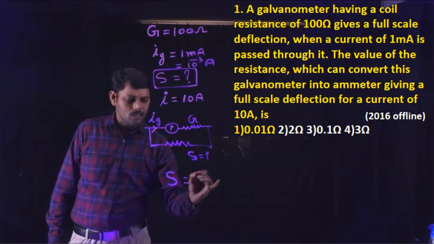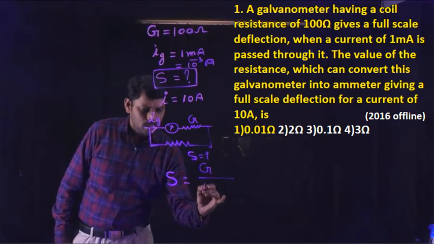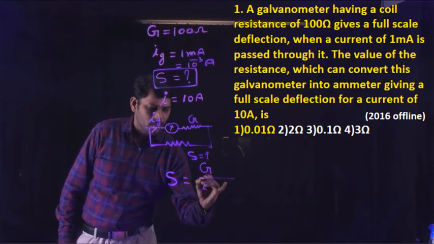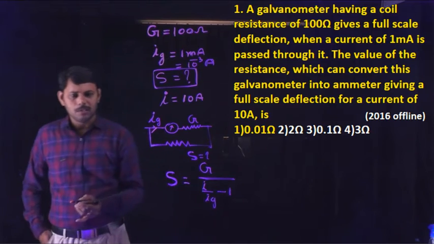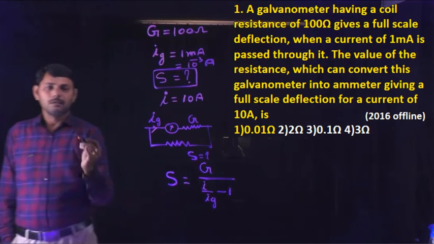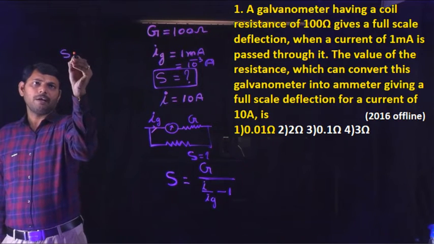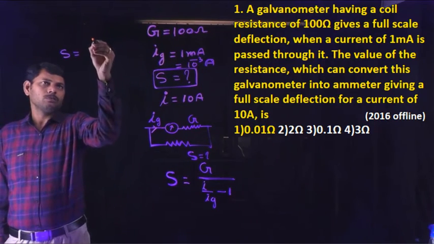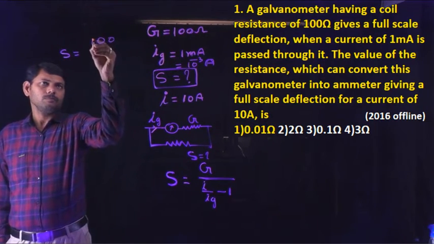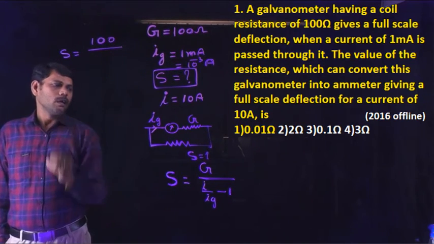The shunt resistance is given by S is equal to G divided by (I by I_G minus 1). So to the calculation. Therefore, S is equal to G, whose value is 100 ohms, divided by I by I_G minus 1.